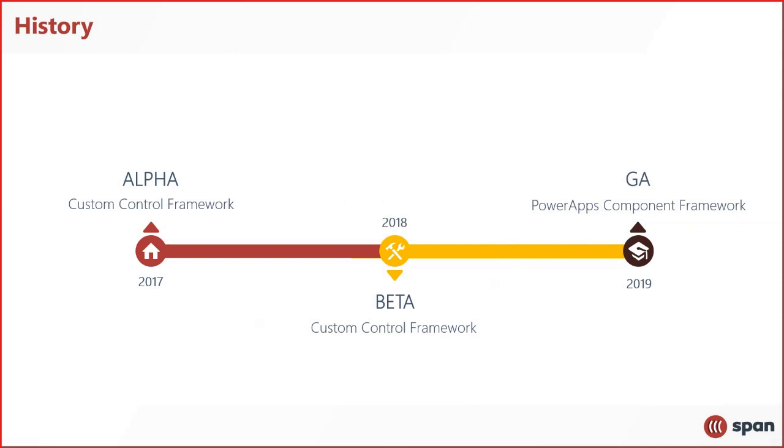The year after, the custom control framework evolved a bit more, and I call that a beta version. We had a few snippets, so we could see how the actual components can be made.